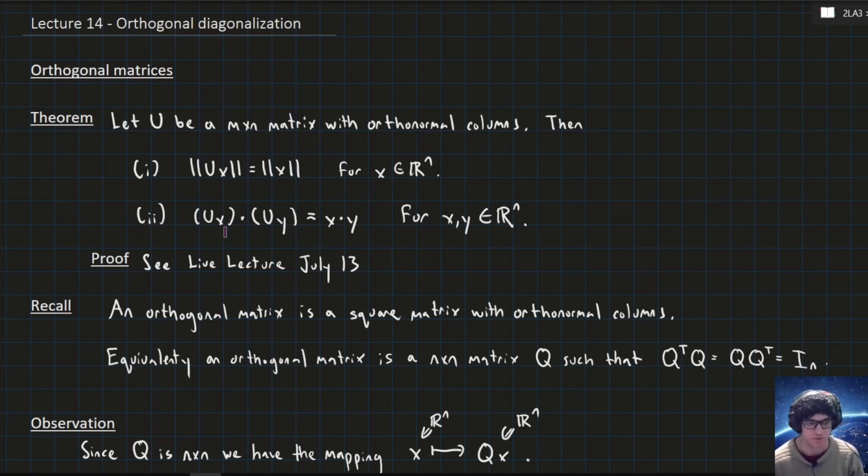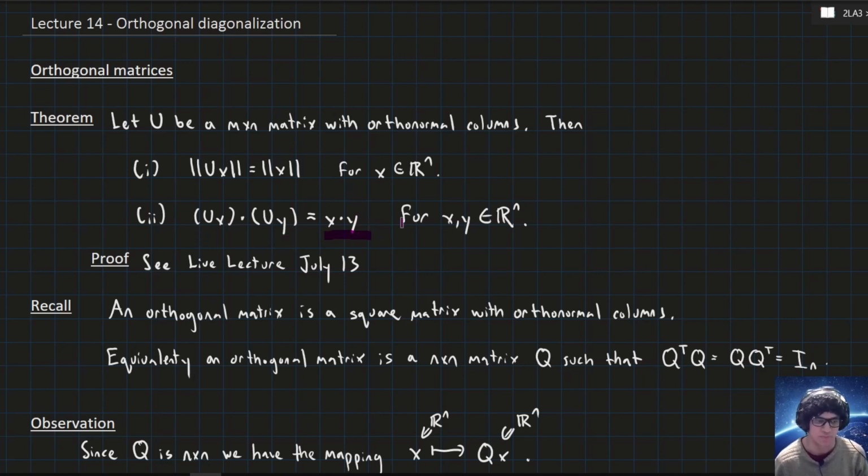For the second property, if I have two vectors, x and y in Rn, and I compute their dot product, and then I multiply both of them by U, the resulting dot product is the same as the original dot product between x and y.